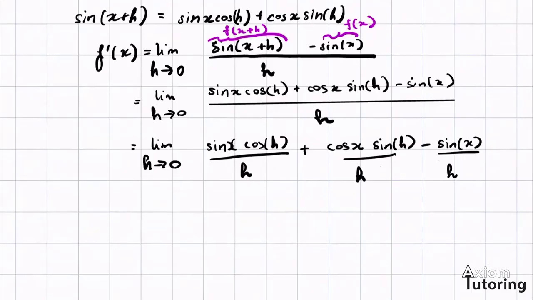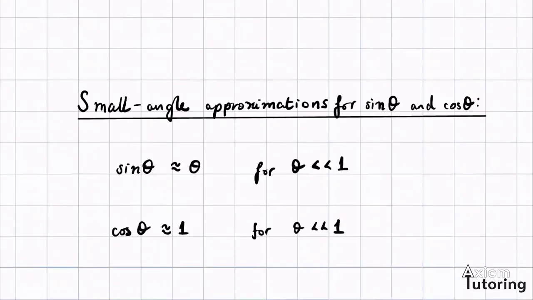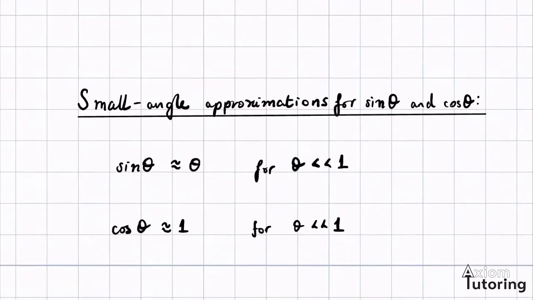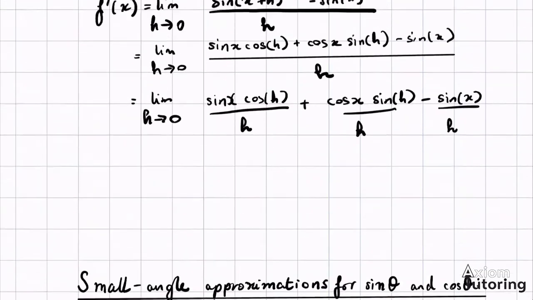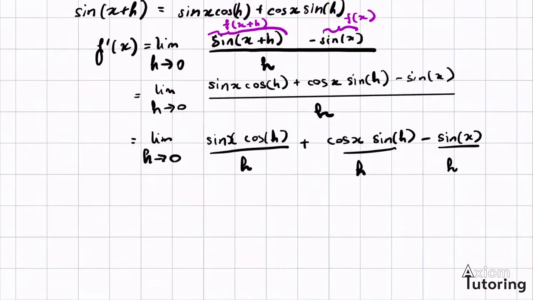So let's think about cos h in our first term. Well, from our small angle approximations, cos of theta is approximately 1. So cos of h, as h tends to 0, is also approximately 1. We can approximate it to 1. So then sine x cos h just becomes sine x over h.